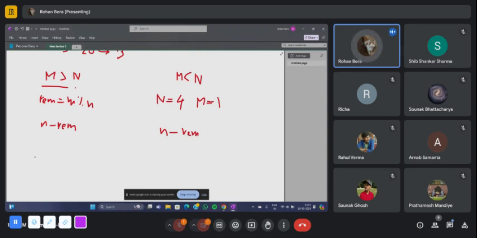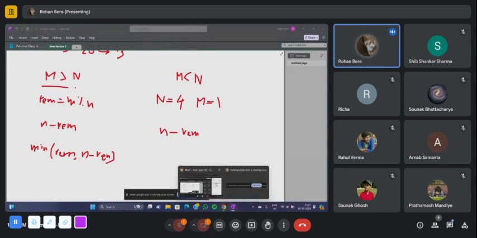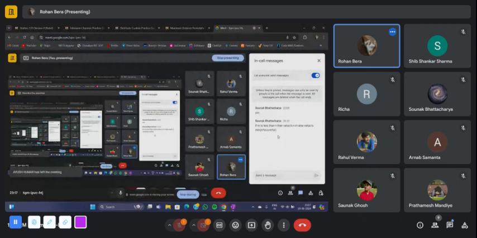So in this case, the answer would be the minimum of rem and n minus rem. And in this case, the answer will be just n minus rem. Fine. Yeah, n minus m, oh yeah, it is also fine.